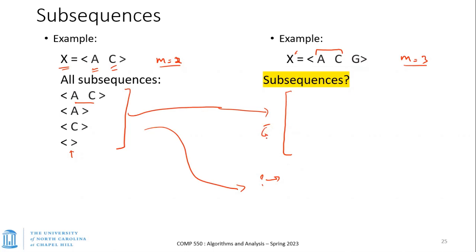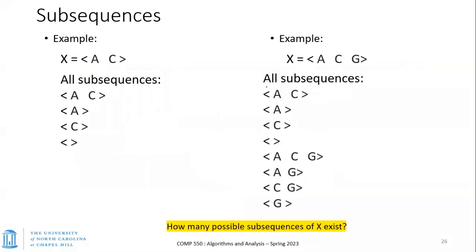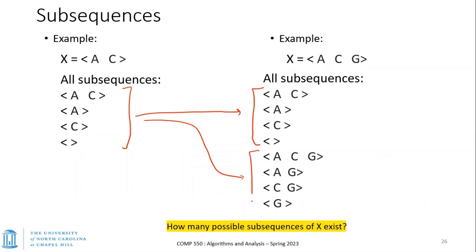So this is the case where G is not present, and this is the combination where G is present. So you would have all of these situations. You would have A, C, and G, and all of these with G present. So you basically have the following subsequences, and then you have all of the same subsequences repeated, but now with G present.